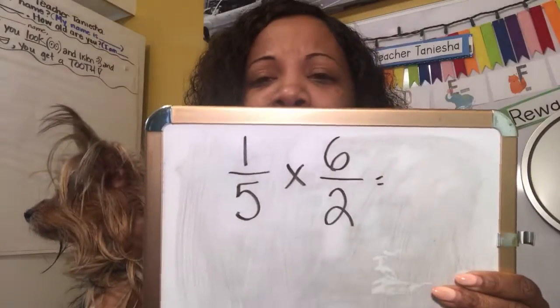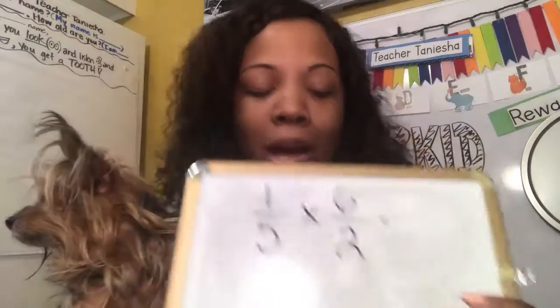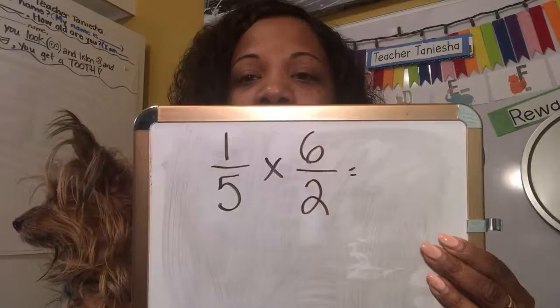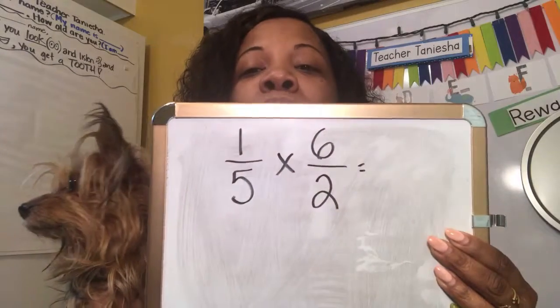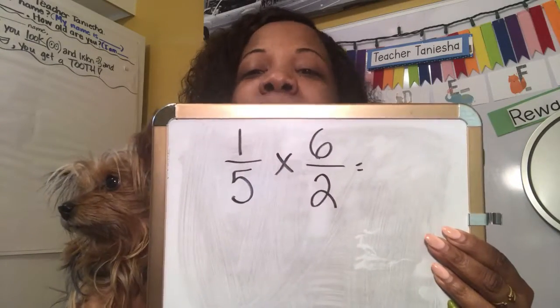Roxy would like to know, if I multiply 1/5 times 6/2, is my product going to be greater than 1/5 or less than 1/5? What do you think, Roxy? What do y'all think? I'm waiting. Think about it.